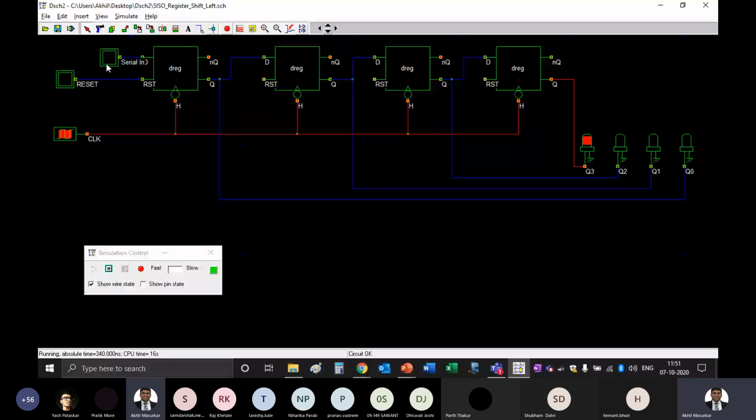So shift left means the bits are traveling from right to left. I fed one bit inside and then I'm feeding all 0. So this is your shift left.